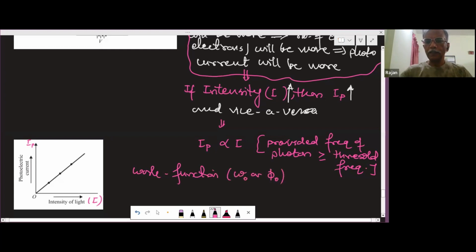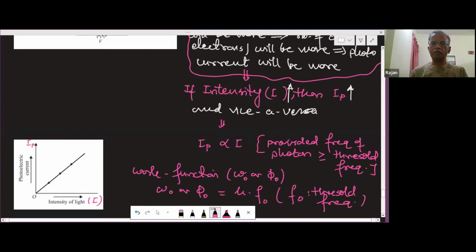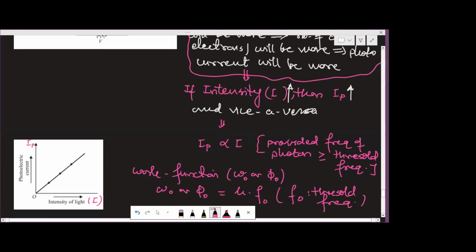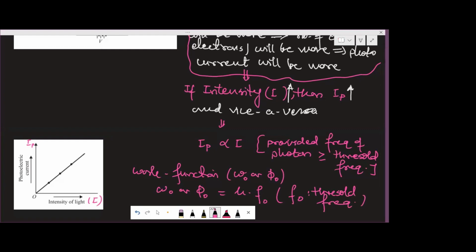phi o, correct? So we can write now small w0 or phi o, that must be equal to how much energy? Minimum energy h f0, where f0 is the threshold frequency. Understood?